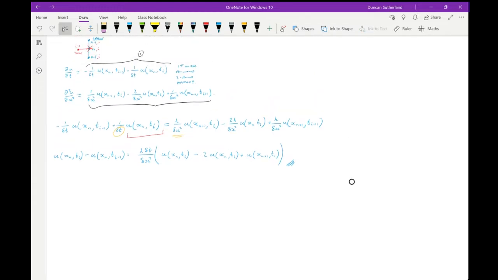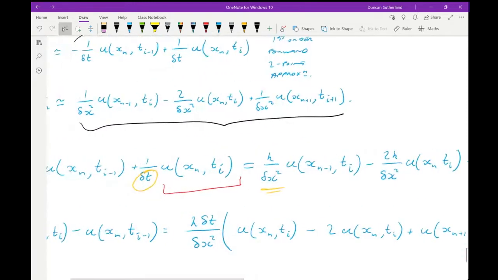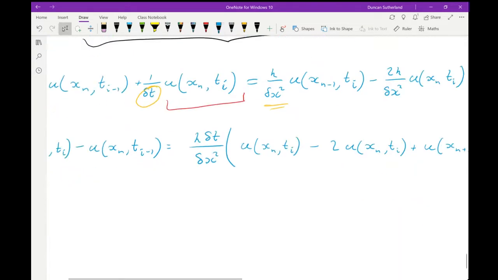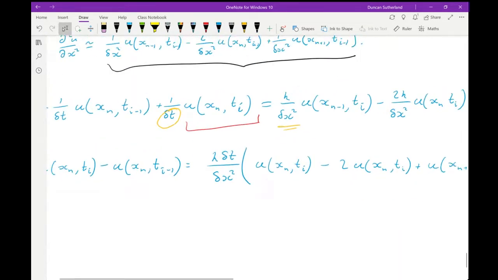I even wrote +1 there. That's stupid. These should all be at the old time level. So these are not present time levels. They are old time levels.